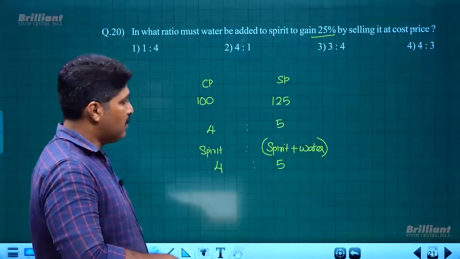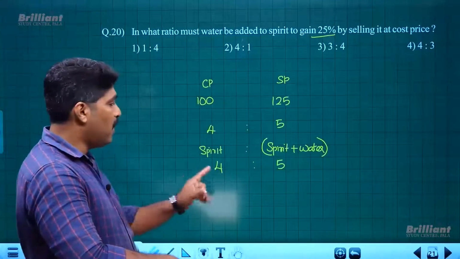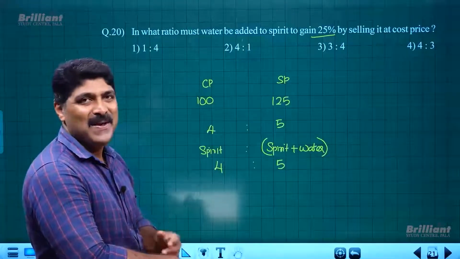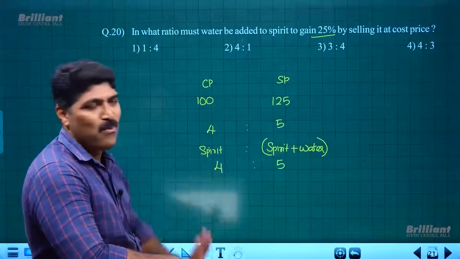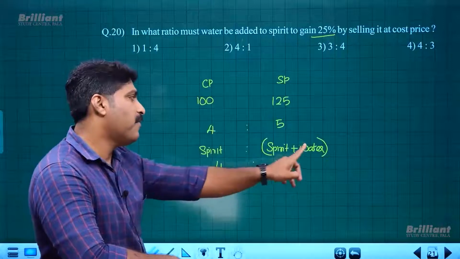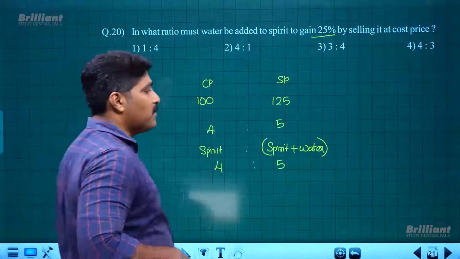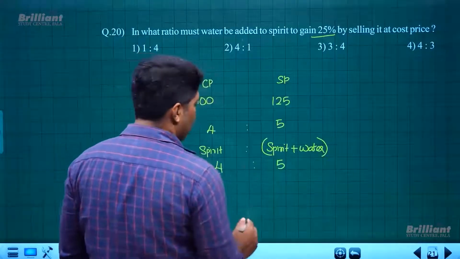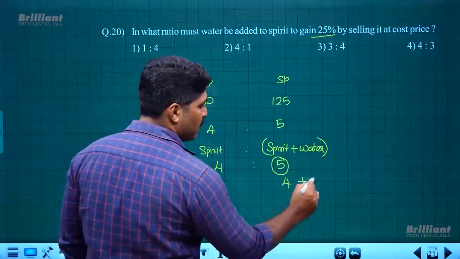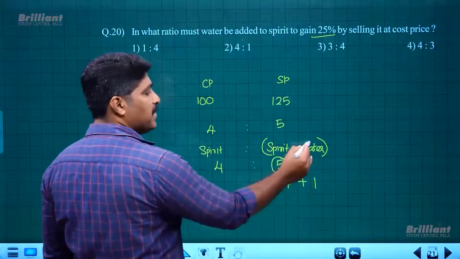What it means is, suppose initially he purchased 4 liters of spirit. He sold it in the form of 5 liters, including 1 liter of additional water. So therefore, spirit to water is 4:1. Here, this 5 we can split like this, 4 plus 1. So 4 spirit, water 1.